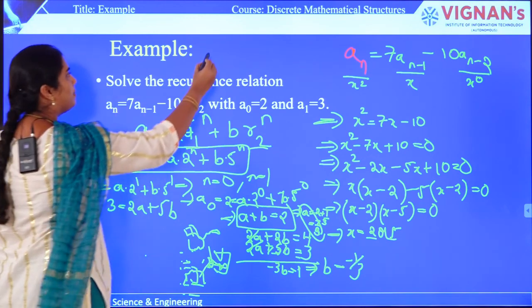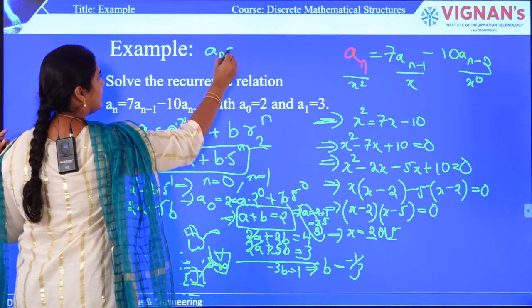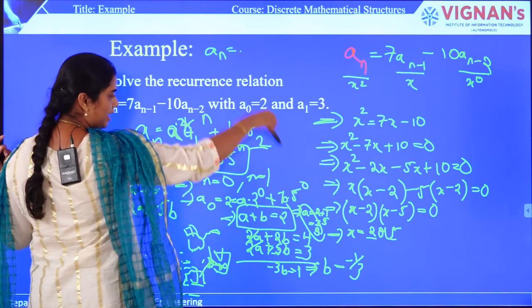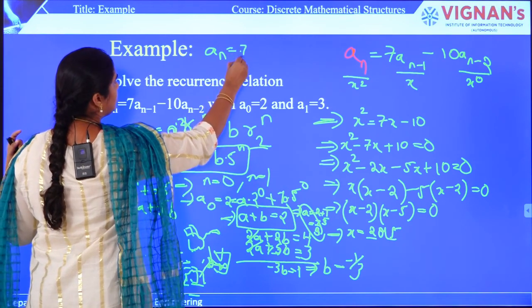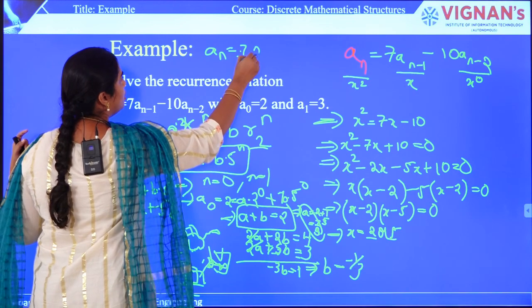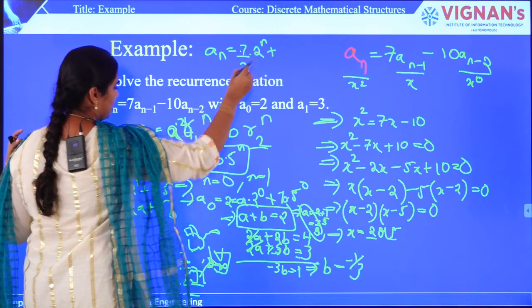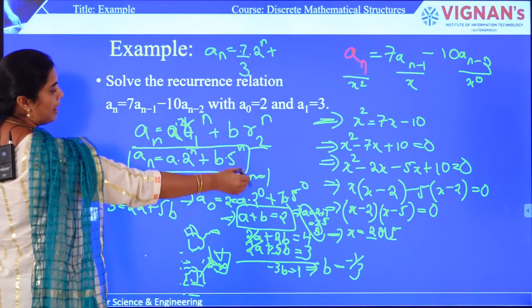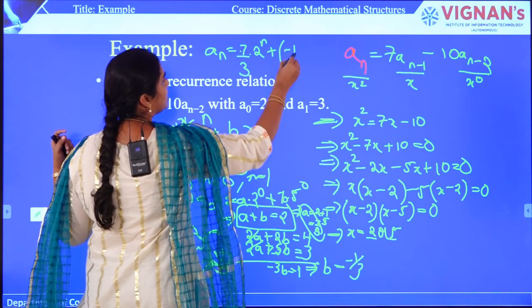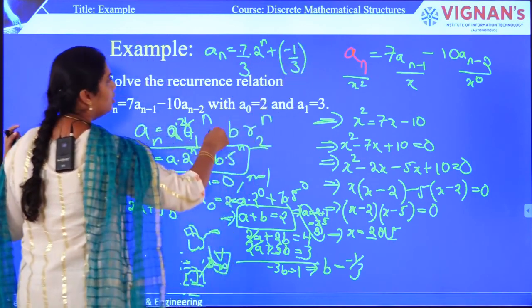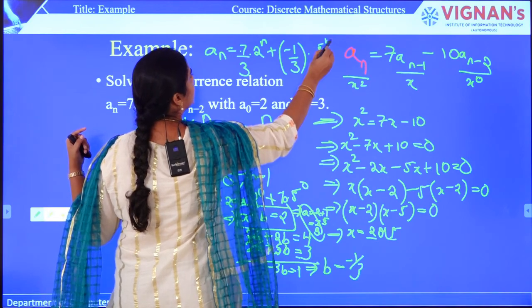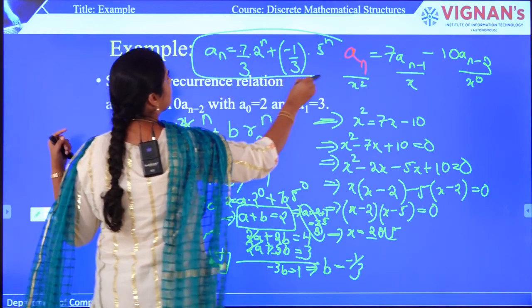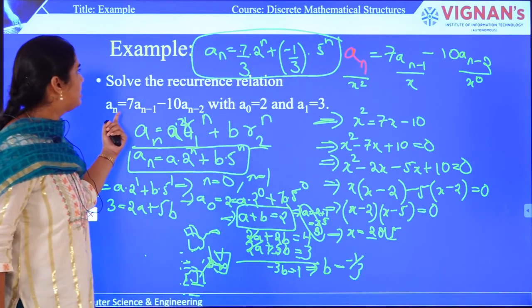So this equation will be transformed to an is equal to, what is the value which we got? 7 by 3, 7 by 3 into 2 power n plus, what is the b value which I got? Minus 1 by 3, minus 1 by 3 into 5 power n. Okay. This is the final solution of the given recurrence relation.